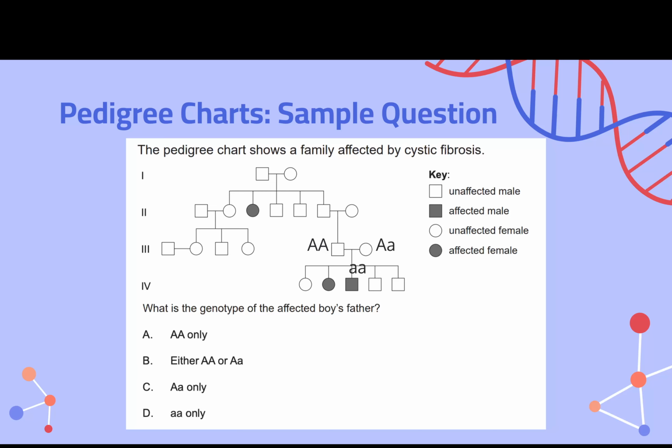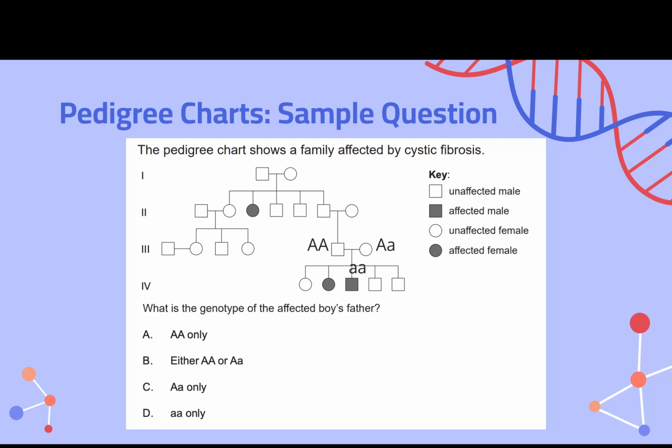Okay, this is a sample question. The way I would tackle this question is look at what disease we're talking about.